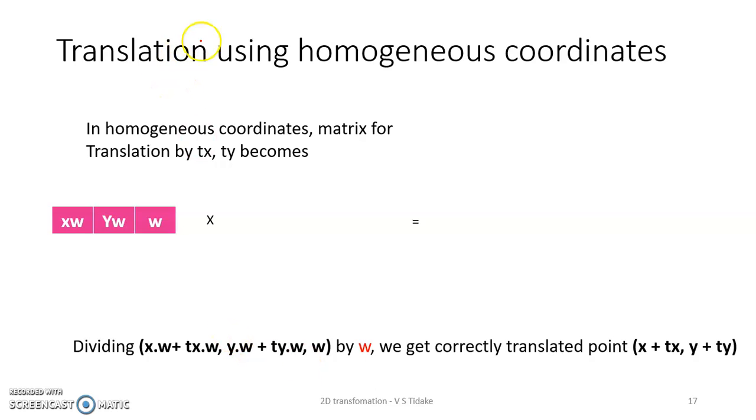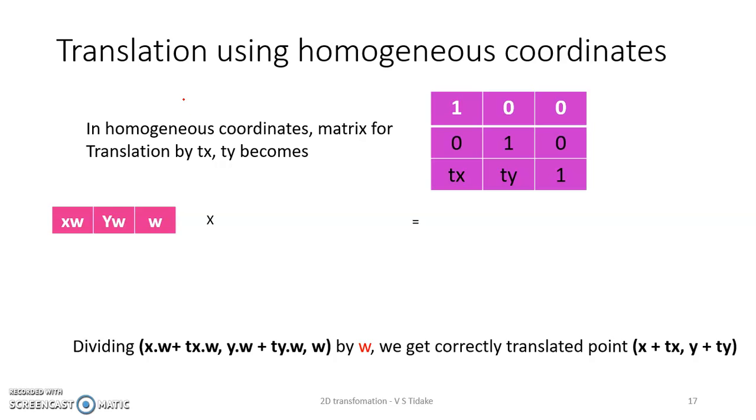Then similarly, translation using homogeneous coordinates can be done as follows. This will be the matrix for translation by Tx and Ty using homogeneous coordinates, that is 1 0 0, 0 1 0 and Tx Ty 1.